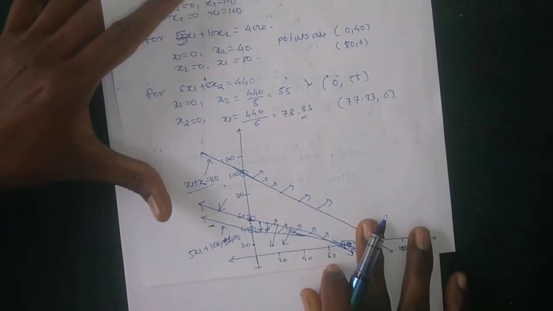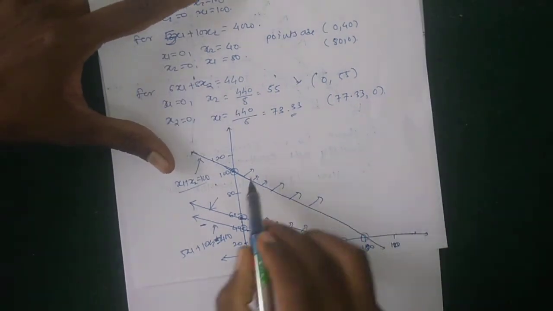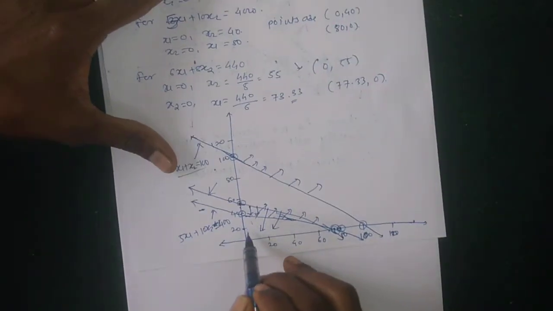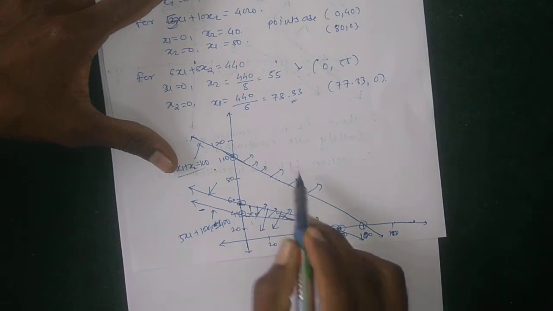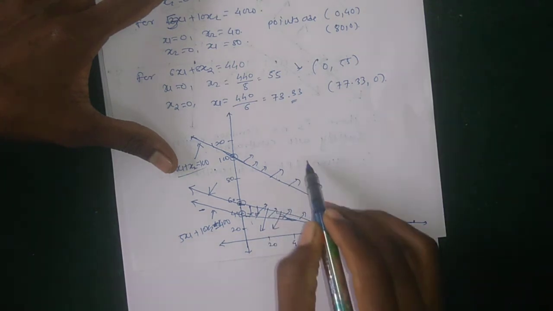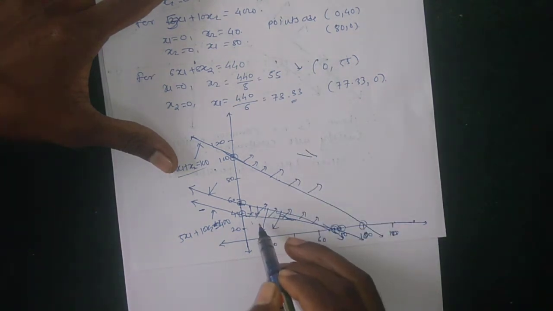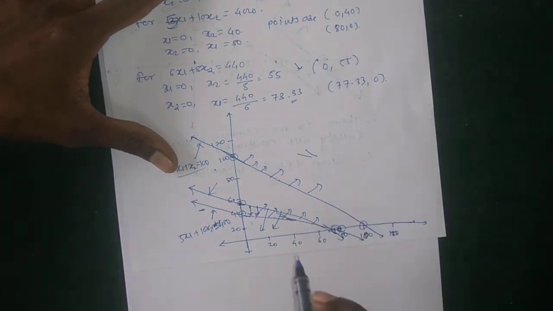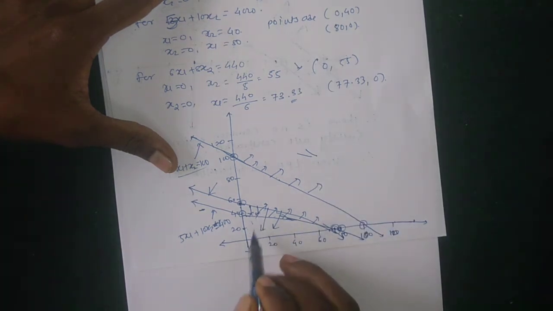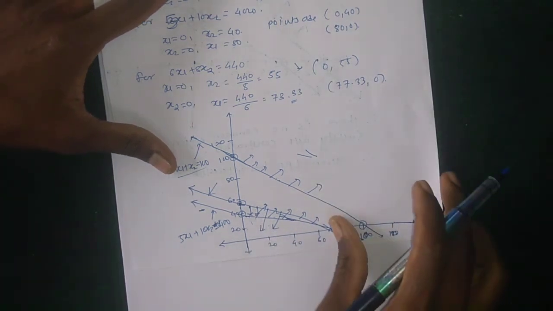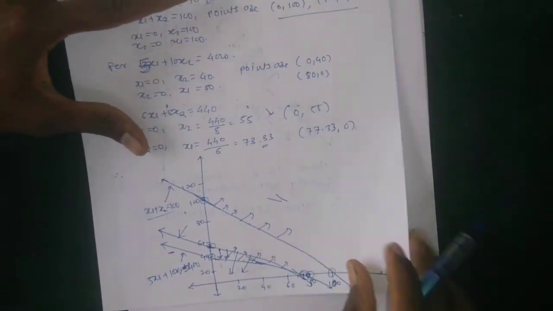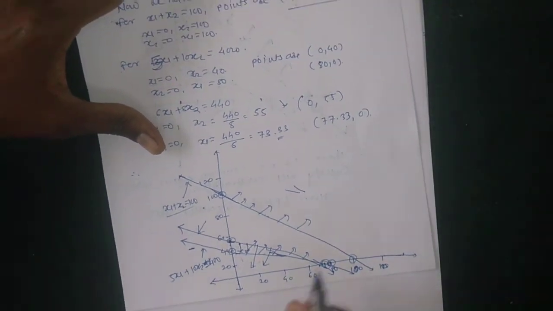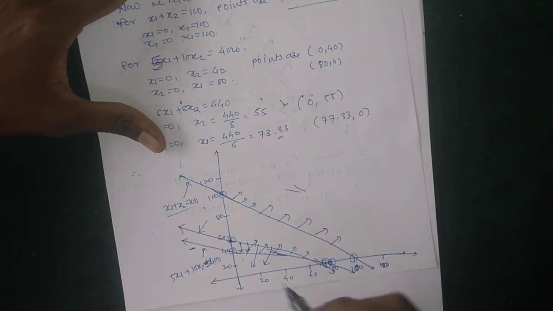So here there is no common region. If we select this region, then this constraint is not satisfied, and if we select the other region, then the other constraint is not satisfied.